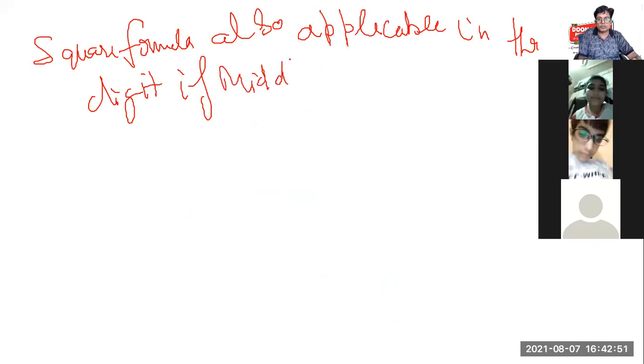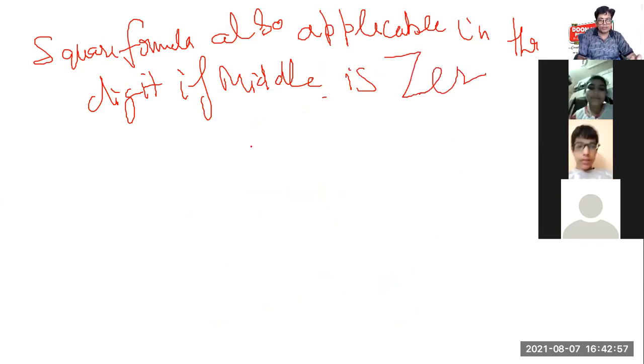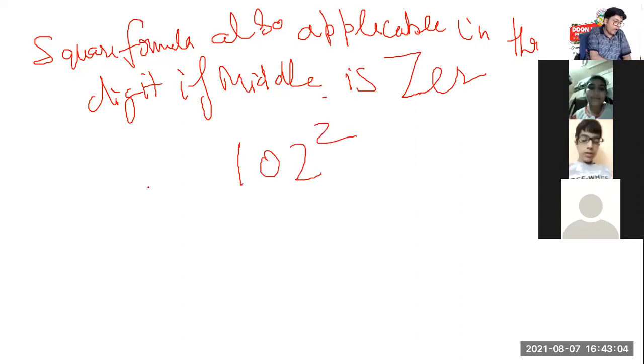the middle is 0. If the middle is 0, like 102 square. How will we use it? See. Now I will take 3 things.